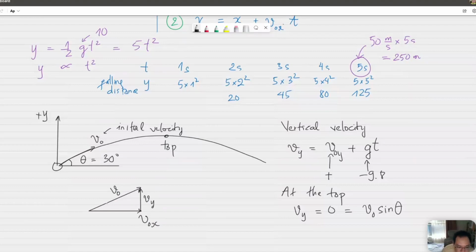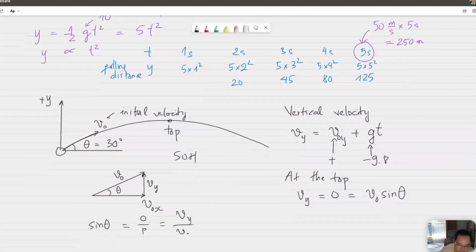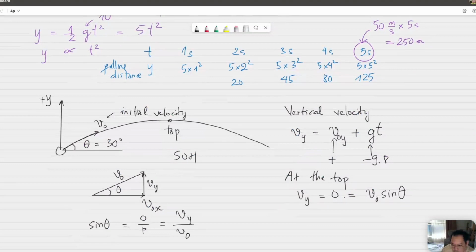The opposite side is Vy, so sine of theta is opposite over hypotenuse, which is Vy over V0, and therefore Vy is V0 times sine theta. This is V0y, the initial vertical velocity, and this is the initial horizontal velocity V0x.